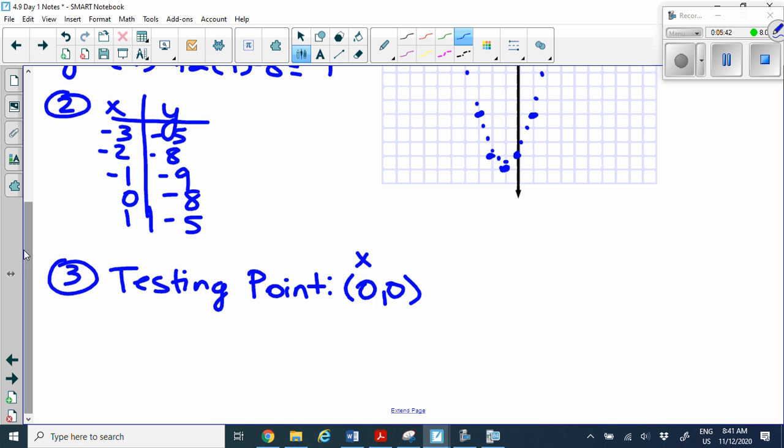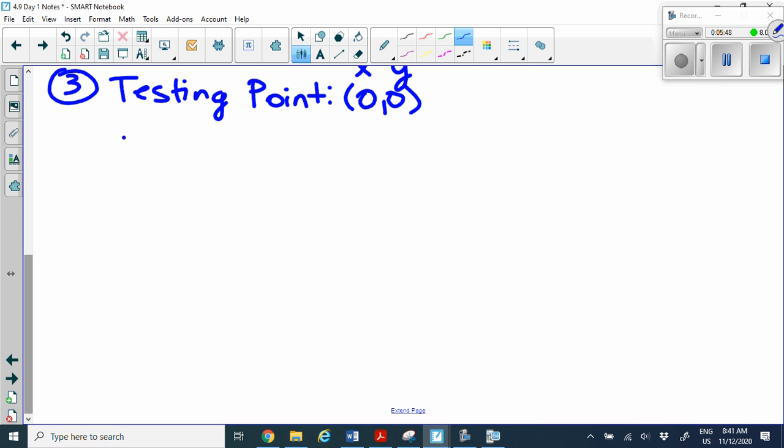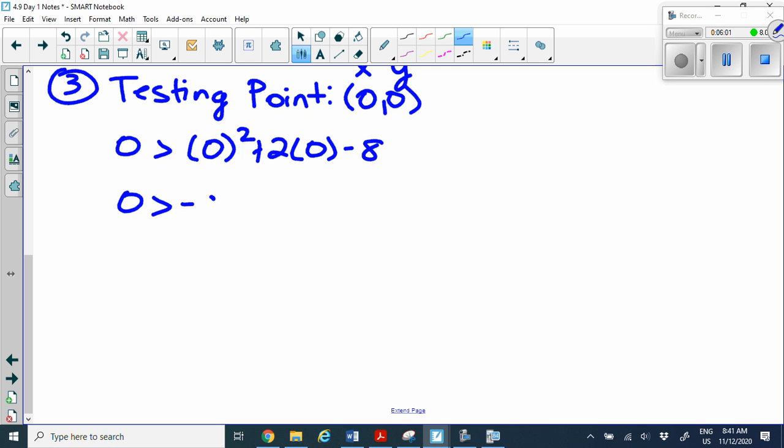So we have 0 for x and 0 for y. We're going to plug those into our inequality. We have 0 is greater than 0 squared plus 2 times 0 minus 8. Notice I put 0 in for y and for x. So now I have 0 is greater than negative 8. We need to decide, is this a true or false statement? It is true.